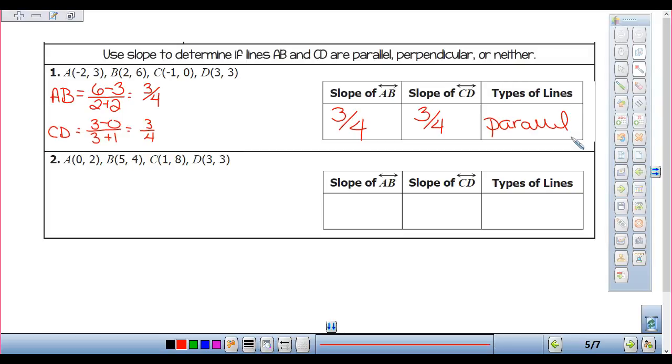Okay, one more and then I'll let you work. Okay, let's do number 2. AB is going to be 4 minus 2 over 5 minus 0 equals, what's 4 minus 2? 2 over 5, so we've got 2/5.